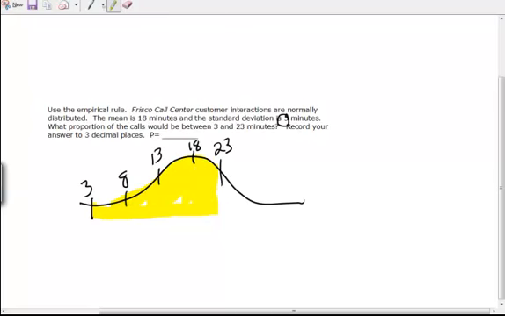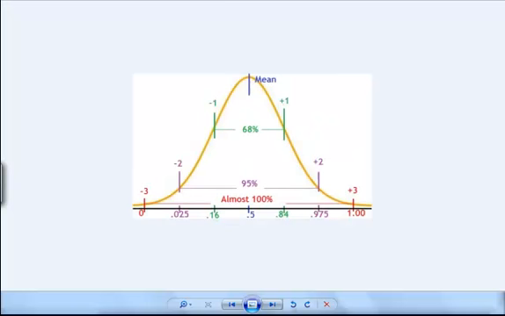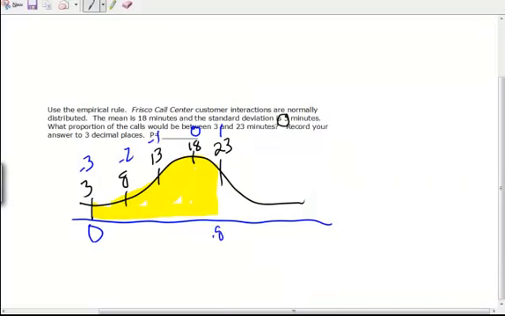Remember, these all go with certain z-scores. This is 0, this is plus 1, minus 2, minus 3. If you recall, minus 3 is associated with 0. Plus 1, let's look at the chart just to make sure, plus 1 is associated with 0.84. So we would take 0.84 minus 0 is 0.84. So we would say there are 84% in this region here.